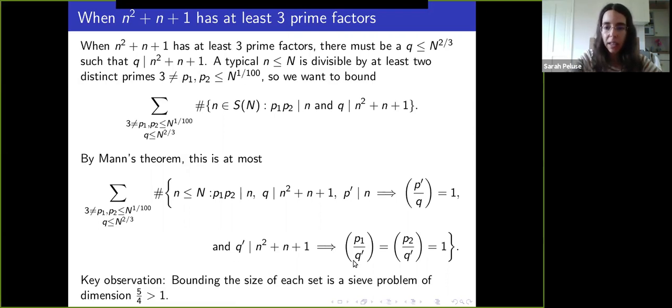So in the end, this ends up eliminating 3/4 of a congruence class modulo each prime on average. So we have 1/2 from this plus 3/4 from this gives 5/4. That's how we get a sieve problem of dimension 5/4.